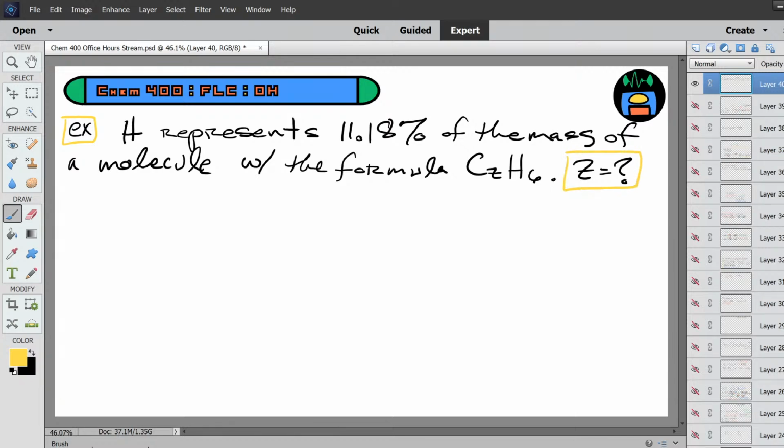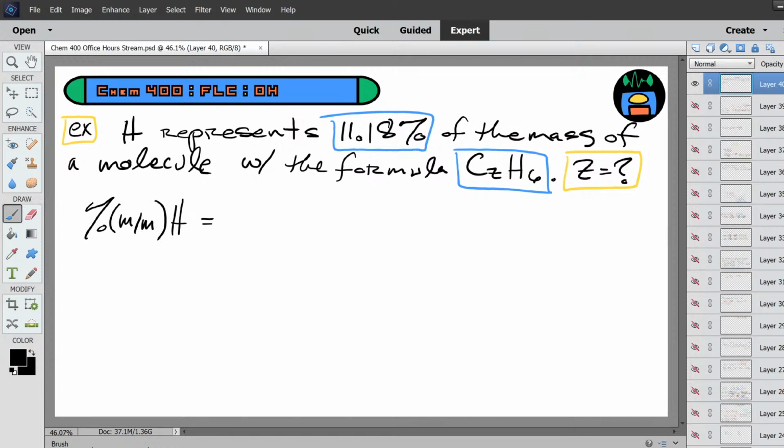All right. So let's think about the key to solving this problem. It's your percentage of hydrogen and the chemical formula given. So think about the equation for the percent mass of hydrogen.